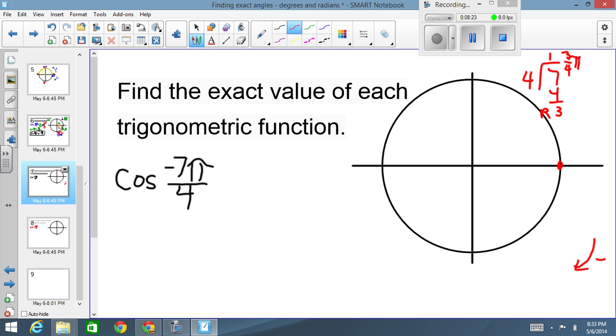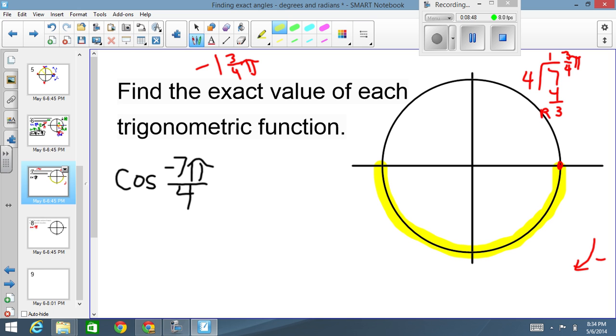So this is negative now, this is the same thing as doing the cosine of negative 1 3/4 pi's. So I'm going to start over here, and I want to go 1 whole pi, so in the negative direction, 1 whole pi takes me to there.